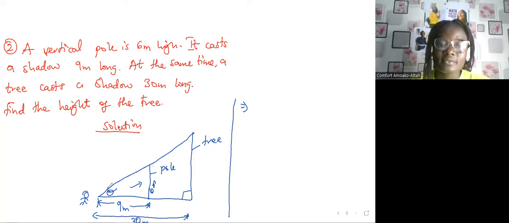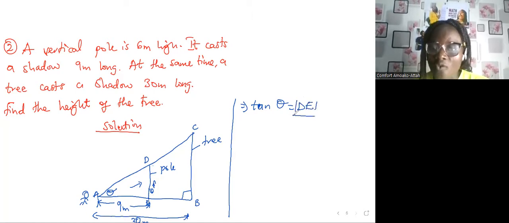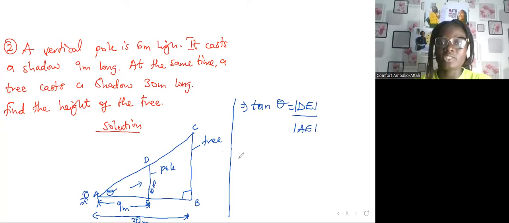So let's say A, B, and C. We are going to get tan theta is equal to line DE, the opposite, over the adjacent, that is line AE.